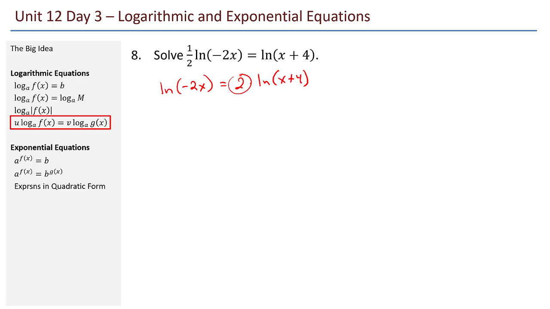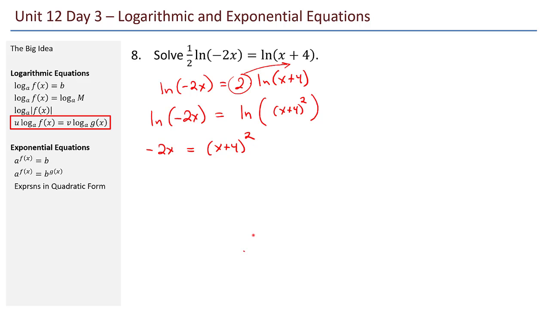And now this 2 becomes a nice exponent that I can bring inside. So I get the natural log of negative 2x equals the natural log, I'll be careful here, the whole x plus 4, that gets squared on the inside. So now I can set my two arguments equal to each other. Negative 2x equals x plus 4 squared.